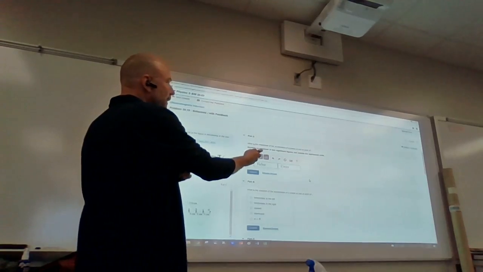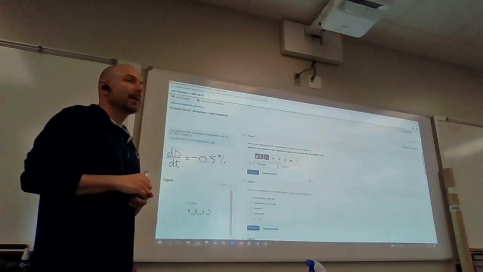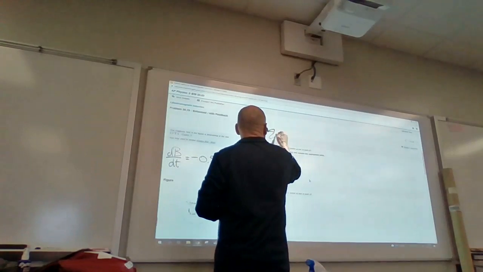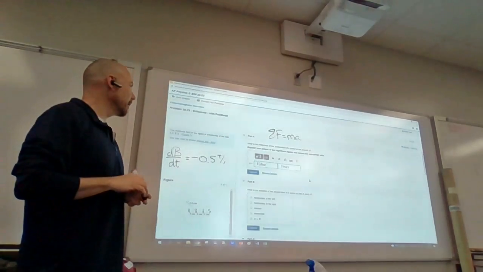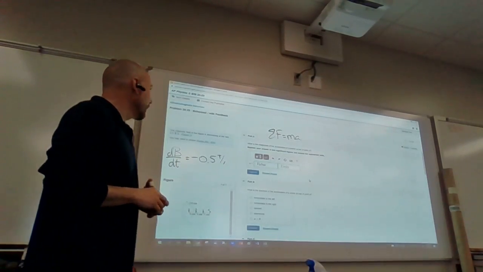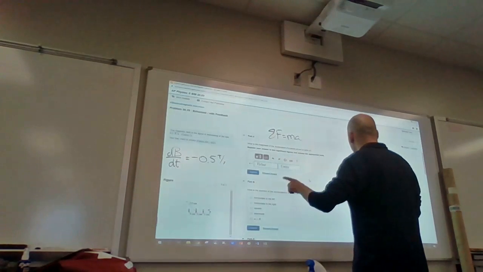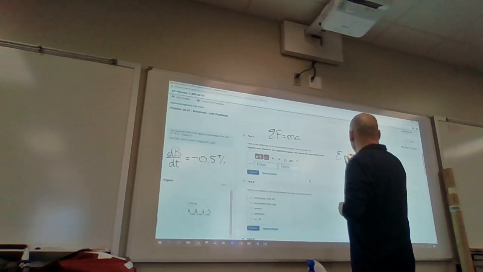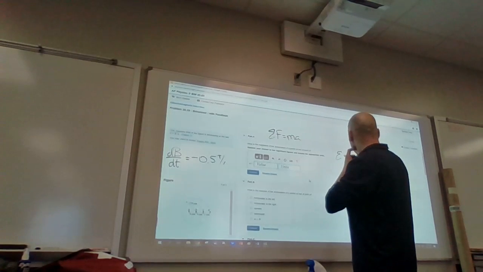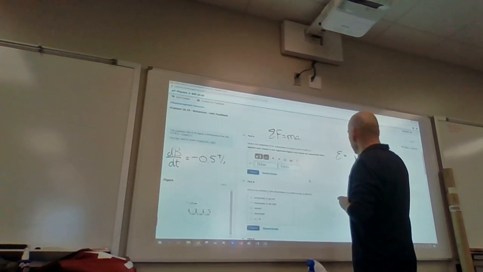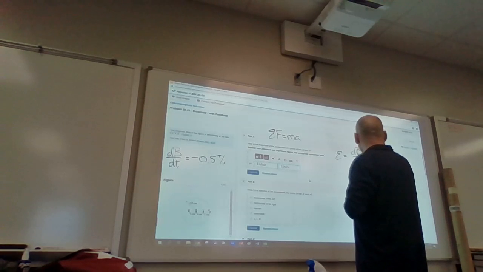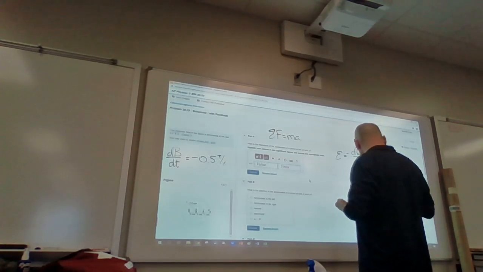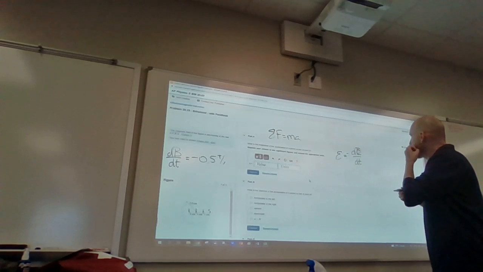so I'm looking for the acceleration on a proton that's at rest. In my brain, I'm thinking acceleration, force is equal to mass times acceleration. And so I know that the EMF produced is the rate at which your flux is changing, specifically the negative, but I don't think I need to worry about that.